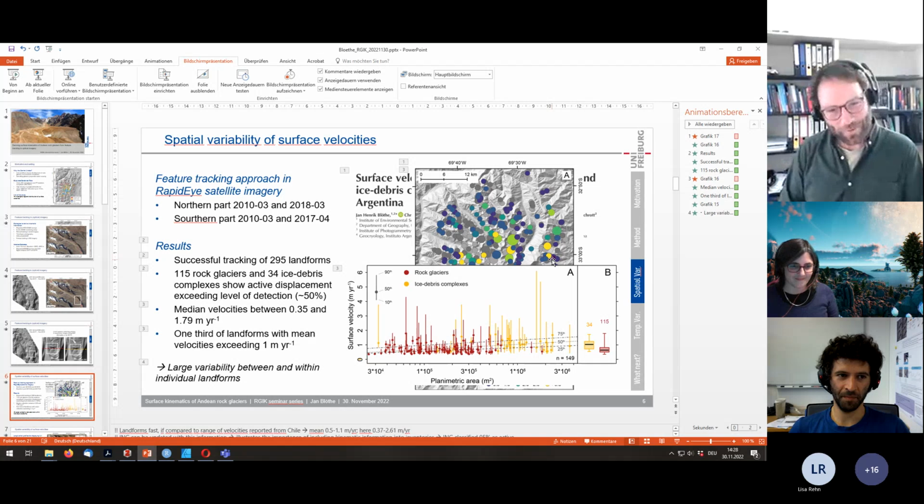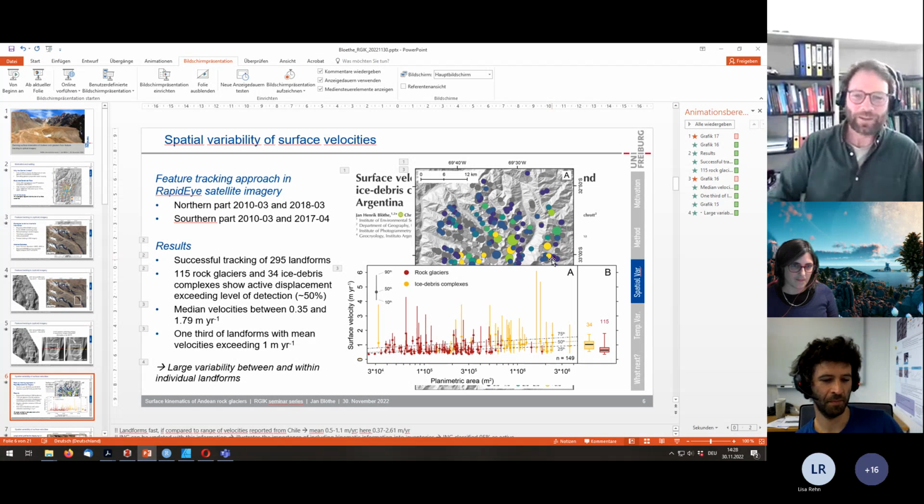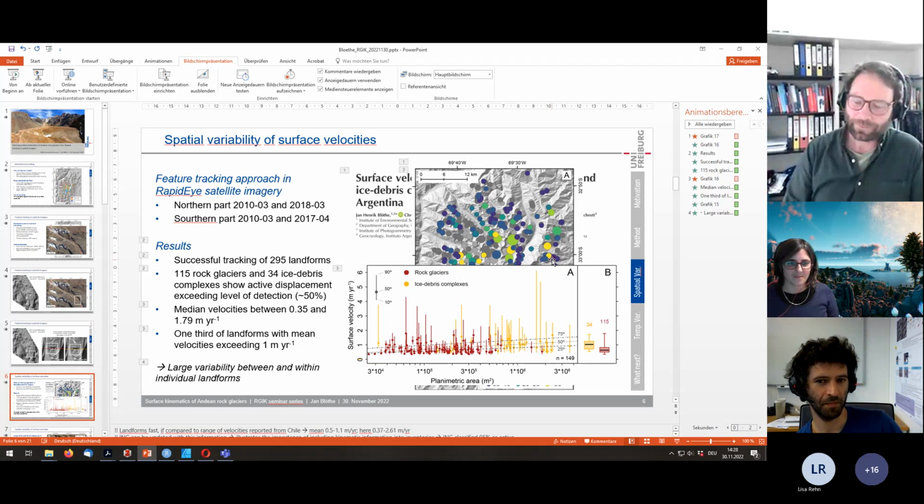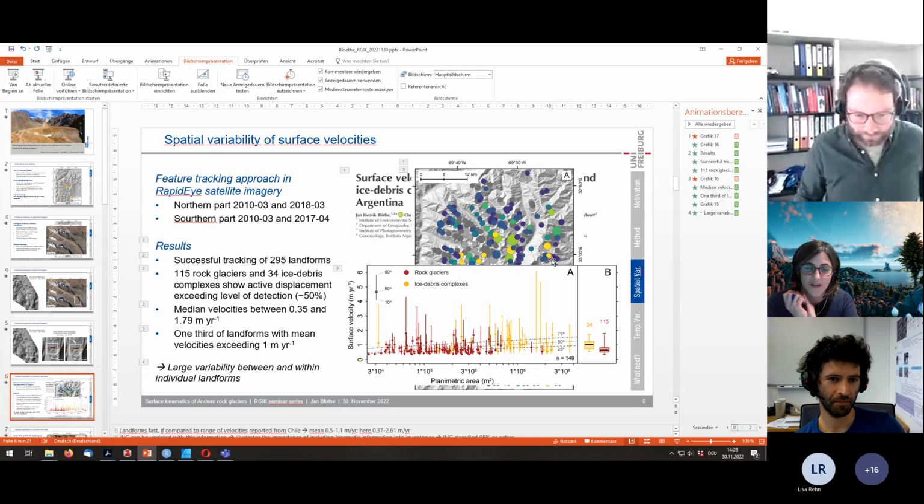And if we combine optical data with field measurements with InSAR data, we can actually make a huge step forward, I would say. Yes, absolutely.